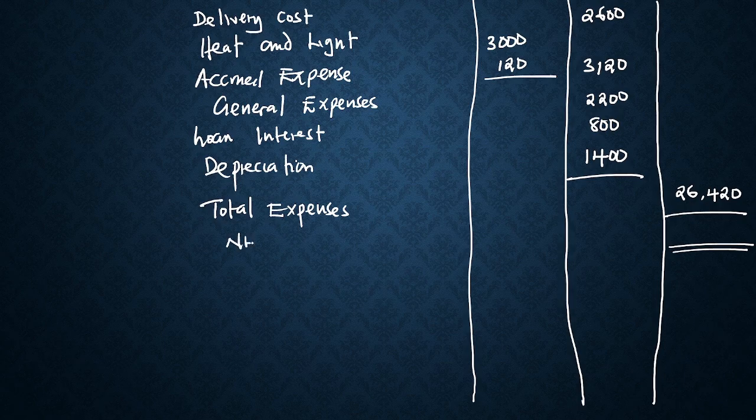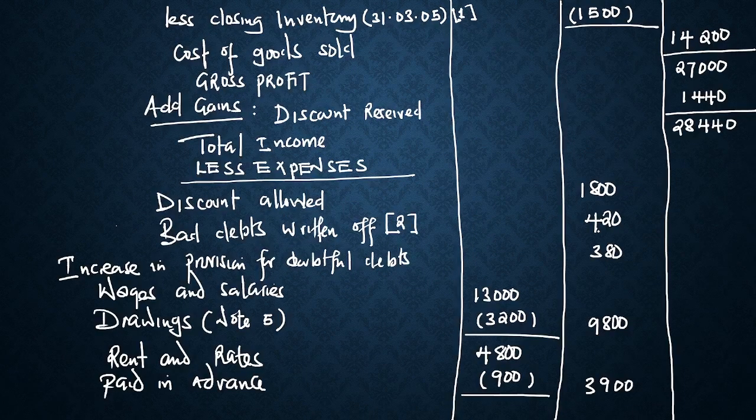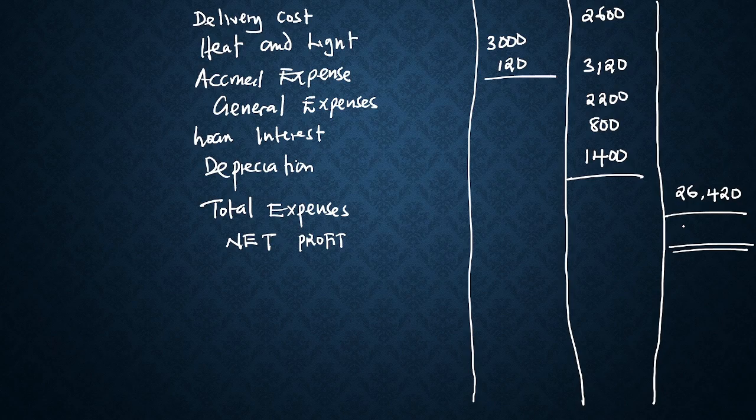Yes. So we can now find our net profit. Net profit, we are subtracting from our total income, which is 28,440 minus 26,420. Just give me a 2,020.